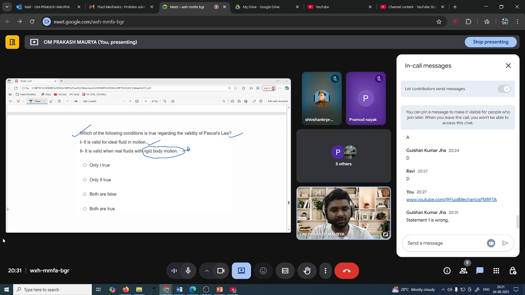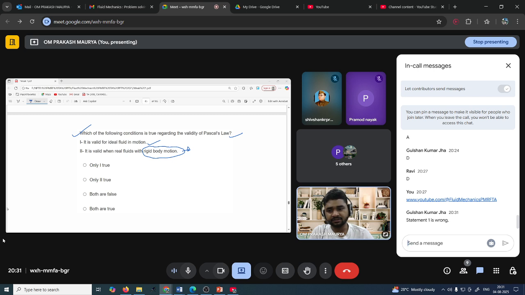Statement 1 is wrong, okay. Gulshan is telling it is valid for ideal fluid in motion. So if option 1 is wrong, what are you telling? Is option 2 correct or wrong?